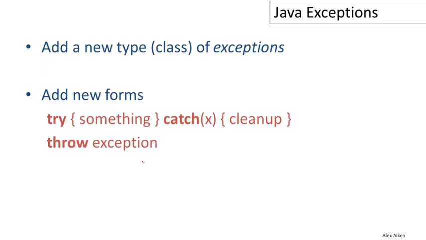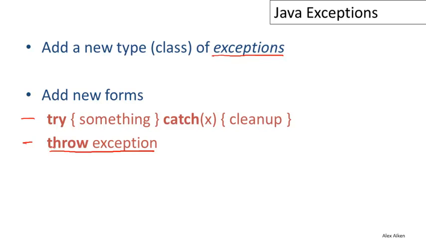So a popular solution to this problem in many languages, including Java, is to add a new kind of value to the language called an exception. And we'll have a couple of control constructs for dealing with exceptions. Here are the two that are probably the most popular, and these are as they appear in Java. So we can throw exceptions, and what this does is it causes an exception to be created at this point, wherever the throw occurs.